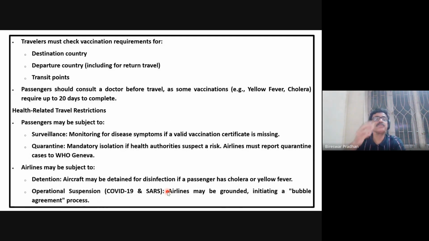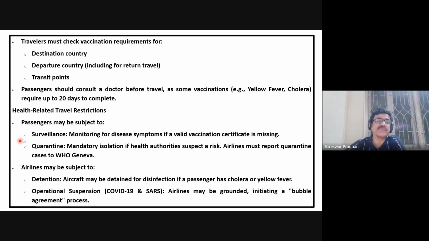Now, travelers must check the vaccination requirements for destination entry, departure country, return travel, and transit points. Passengers should consult a doctor before travel, as some vaccinations, yellow fever and cholera, require up to 20 days to complete.